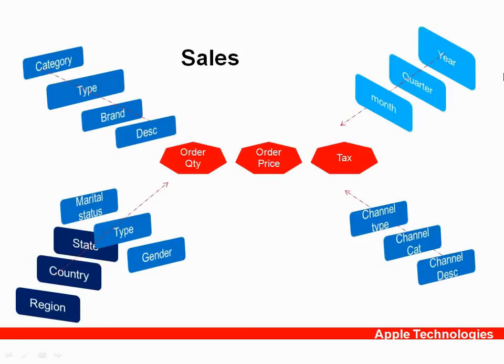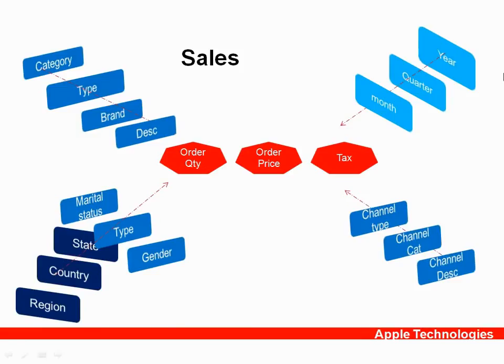If the total number of orders is big, I can say my shop is running well. If orders are increasing every day, then I can say it is very big. And order price: if I'm getting more payments from customers, I can say my business is running well. In a similar way, tax: how much tax they are paying. So these are the metrics.